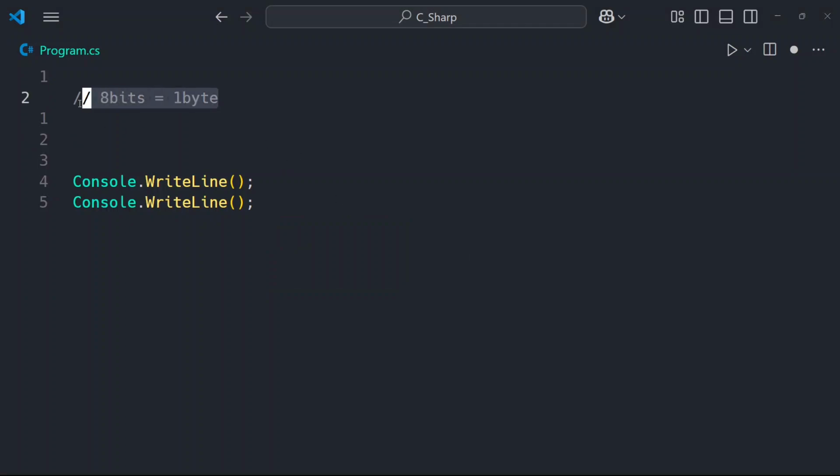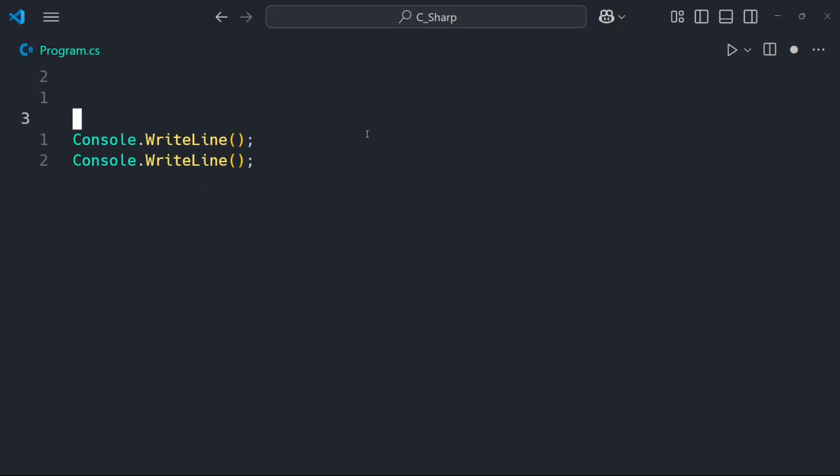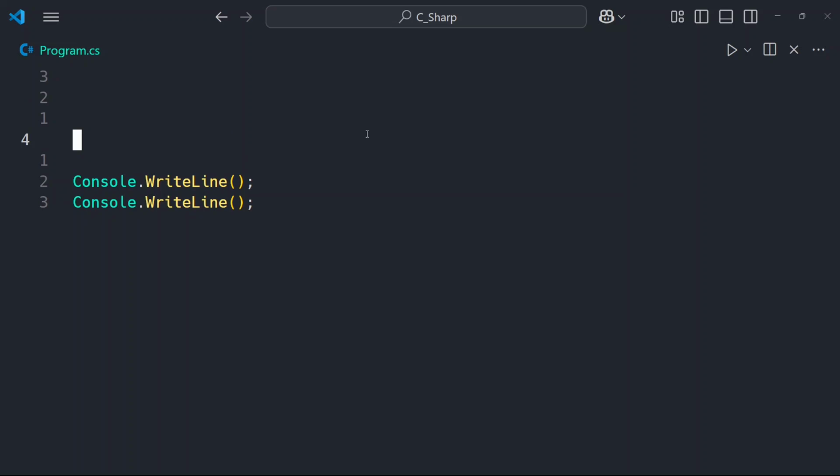Floats are the smallest. Let's start with float, which is the smallest, of course.